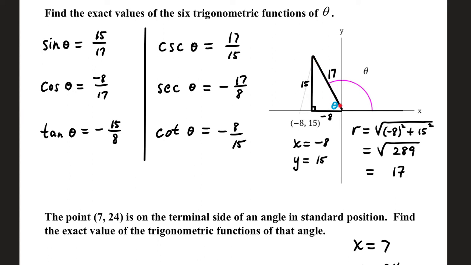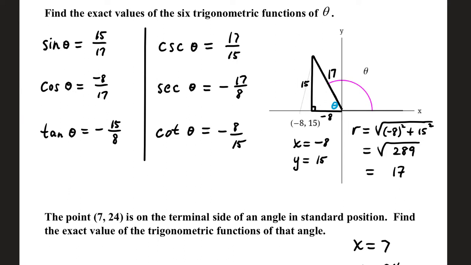The hypotenuse, or the distance that point is from the origin, can be found by the Pythagorean Theorem. We use the square root of the x-coordinate squared plus the y-coordinate squared, all under a square root. And so it turns out the distance that this point, (-8, 15), is from the origin is 17 units.